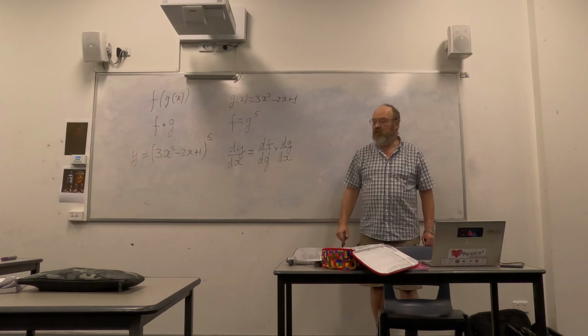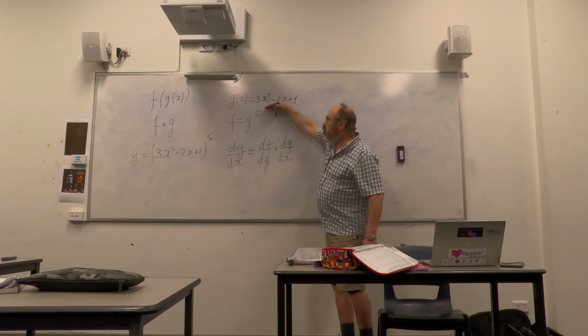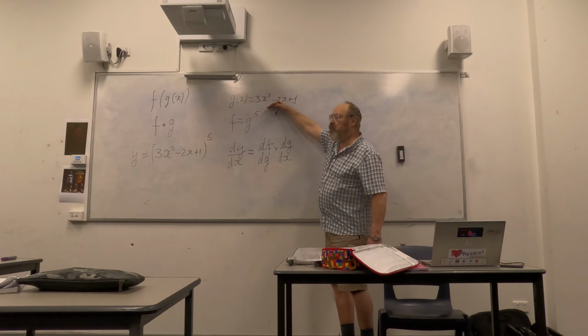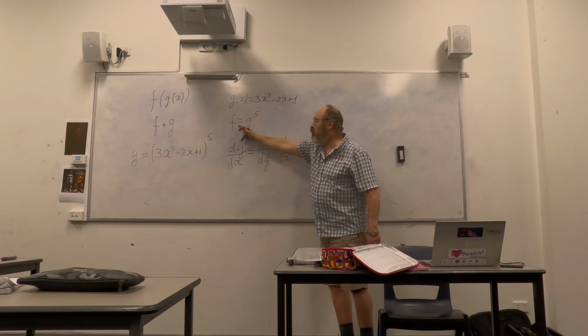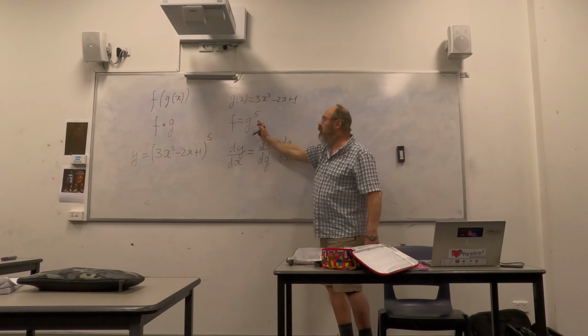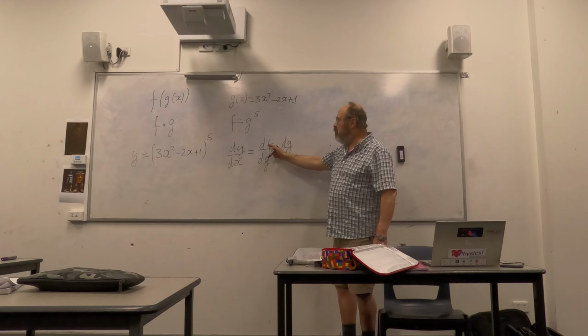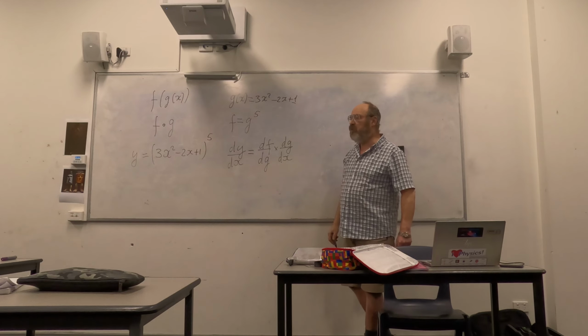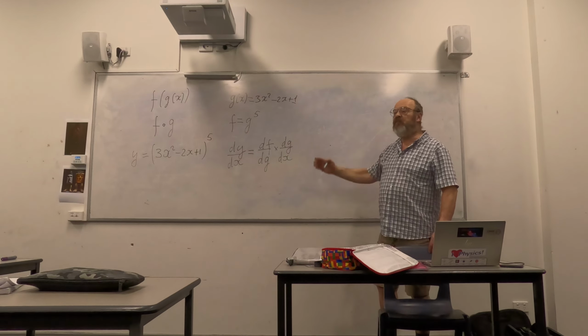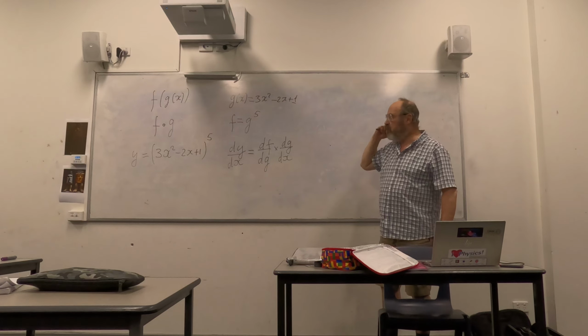Here, g of x is the internal function. The external function is f equal to g in the power of 5. So we find the derivative of the external function and multiply it by the derivative of the internal function. Let's apply it to this case.